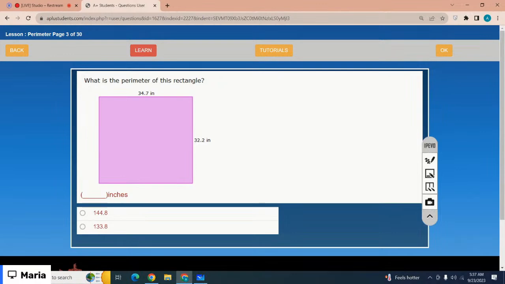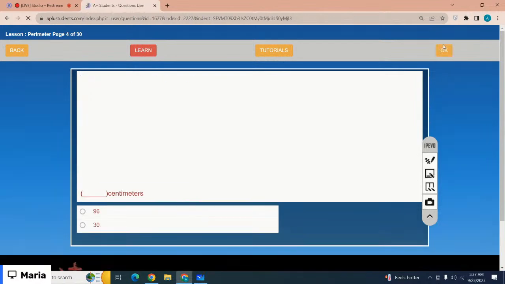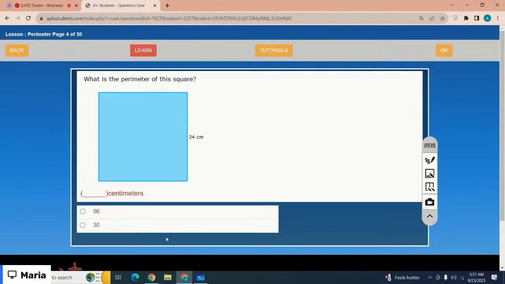That would be 133.8, right? So the second option is the correct one. It would be 133.8. Okay, what is the perimeter of the square? Which is the correct option? The correct option is 96, right?